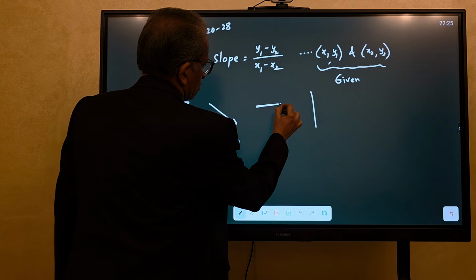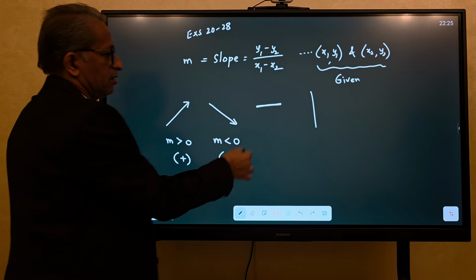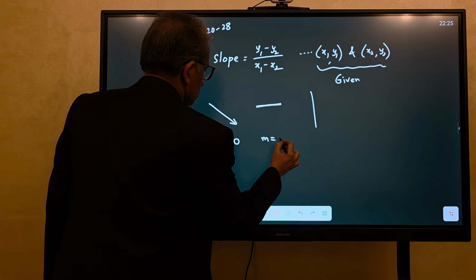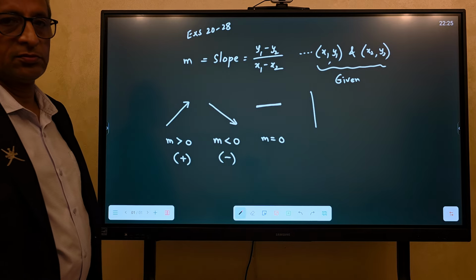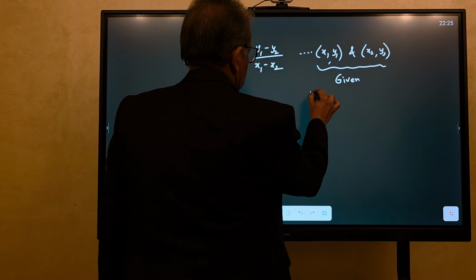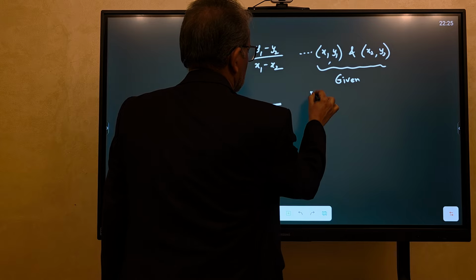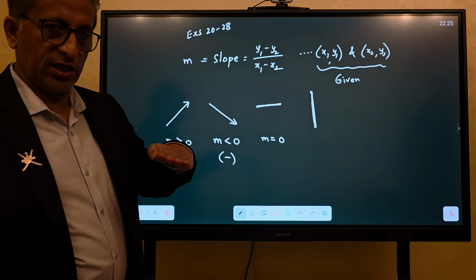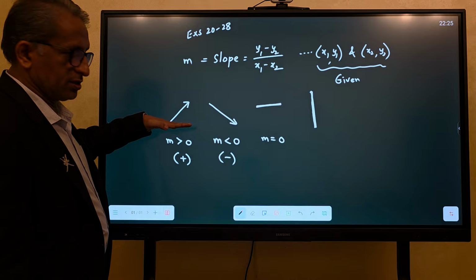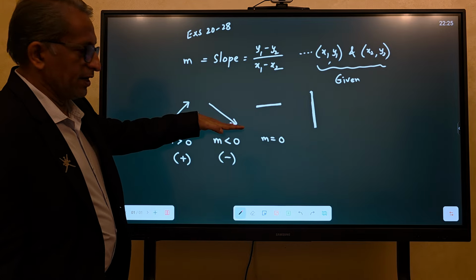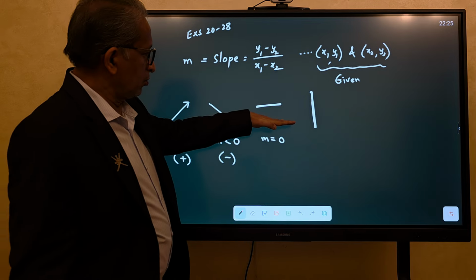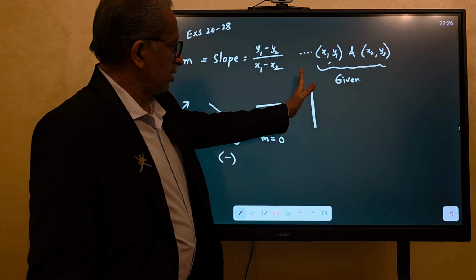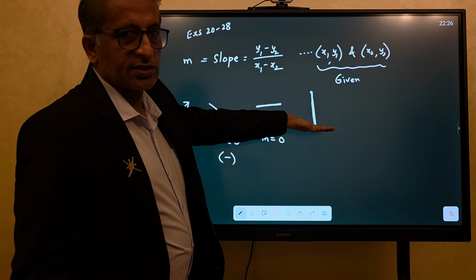If the line doesn't go up or down, then the slope is 0. And now this one: it is not going up, it is not going down, but it is vertical. That means it is exactly perpendicular to the x-axis. It doesn't make any inclination in the usual sense.